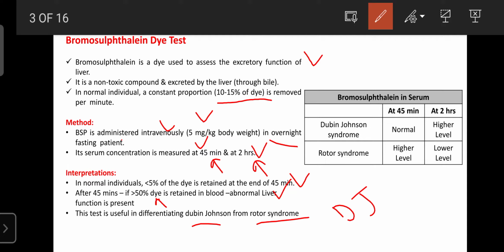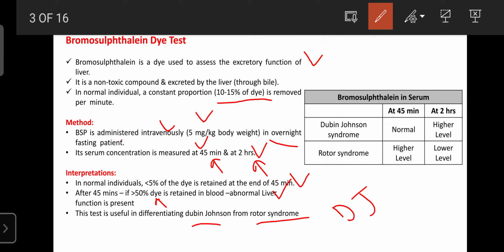If it is due to entry of viral infections or any chemicals causing the hepatotoxicity, it can be reversed with the help of medicines. So where the doctor wants to differentiate whether it is DJ or Rotor syndrome, the differentiation is done with the help of the bromosulfophthalein dye test.